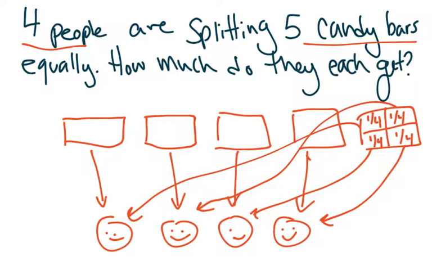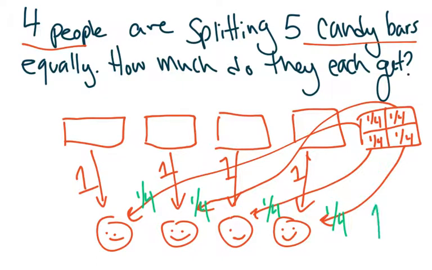So each person gets 1 whole candy bar, and 1/4 of a candy bar. Put that together, you have your answer. Without having to tackle any division symbols, you can just break it apart with pictures and say each person gets 1 and 1/4 of a candy bar. Done.